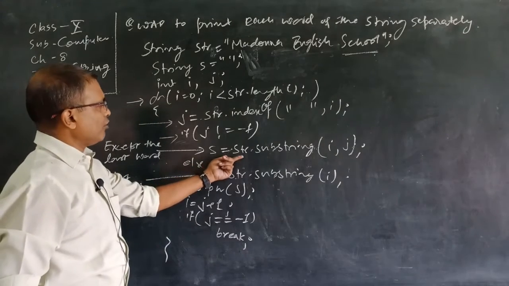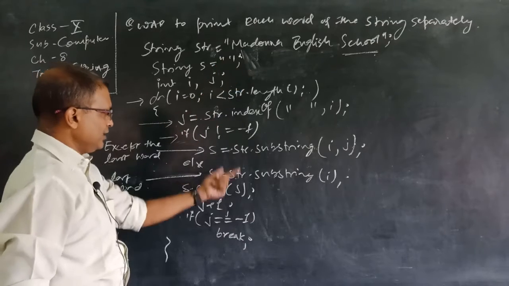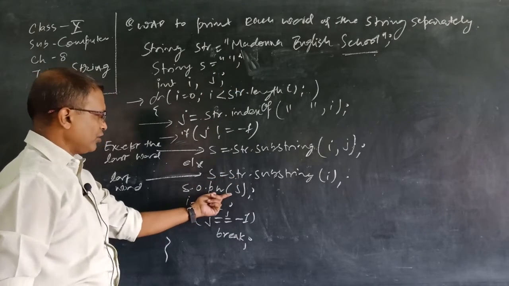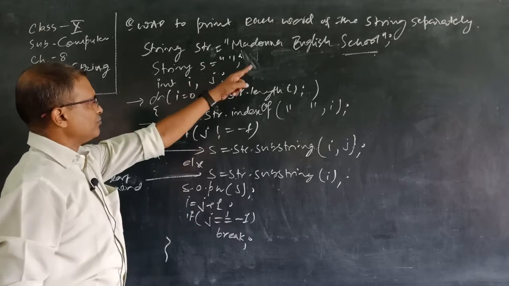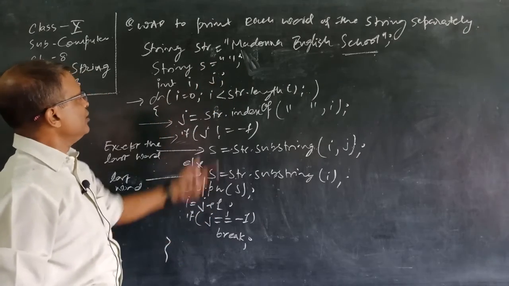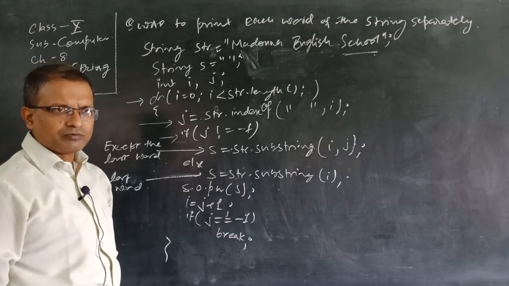So this will give you all the words except the last word, and this will return only the last word. After that, print the word, increment the value of i by using j, and then get out of the loop. In this way we can print each word of the string.